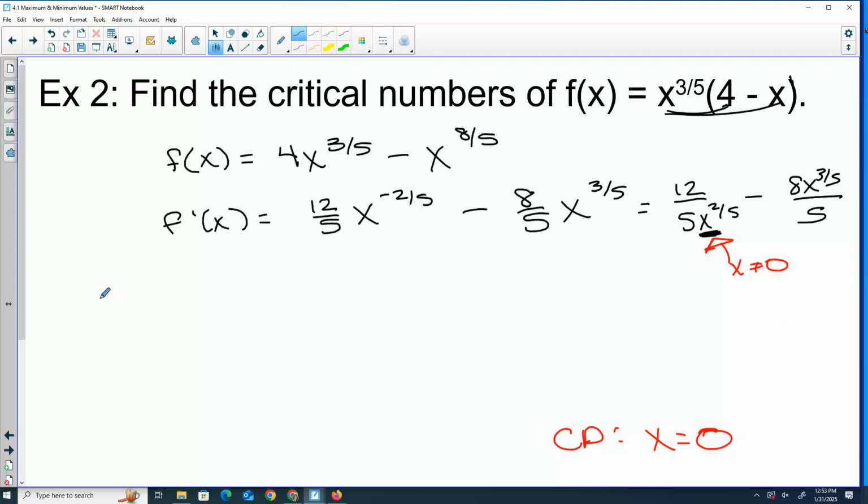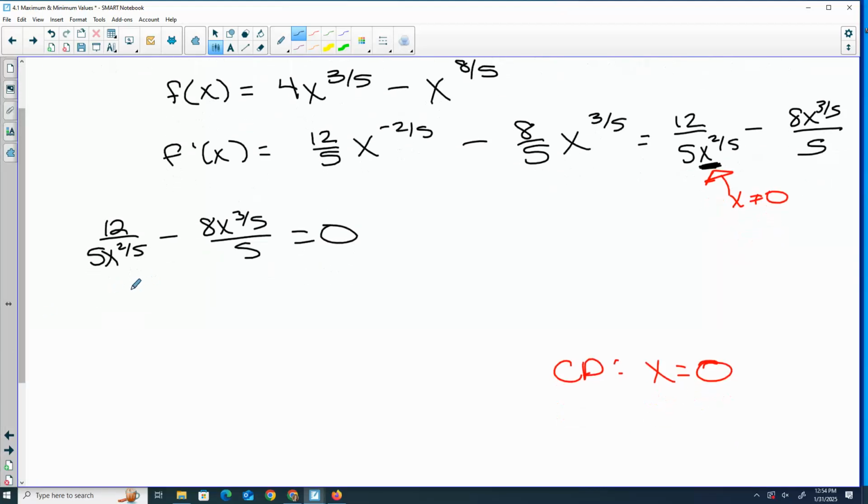The rest of them, we have to set our derivative equal to 0. I'm going to add it over, because then what did we do? Multiply by here. 40 x to the 2 fifths, and x to the 3 fifths is just x.